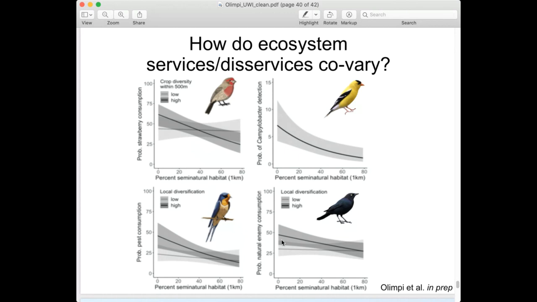So ecosystem services and disservices were less likely in landscapes that had more conserved habitat. This highlights that managing for one service could result in trade-offs in other services. So better outcomes can be achieved by considering suites of ecosystem functions so that trade-offs can be minimized. Next slide, please.